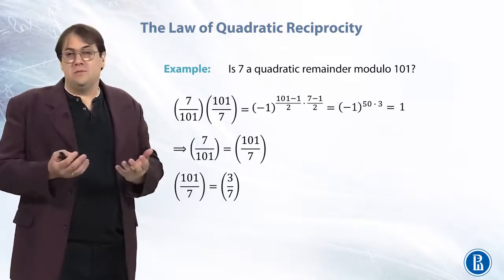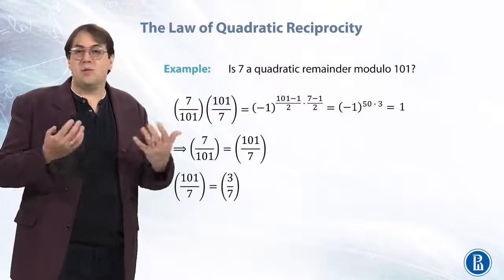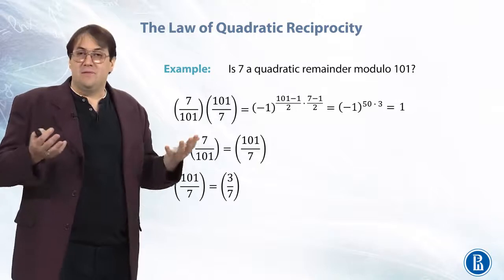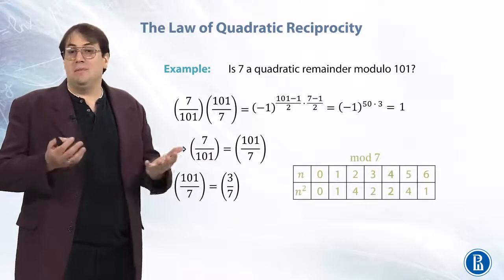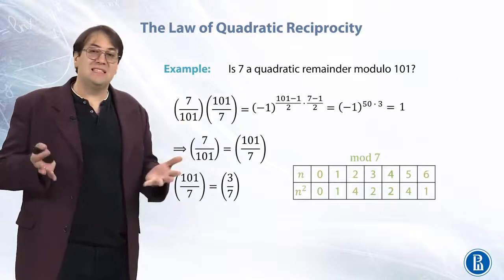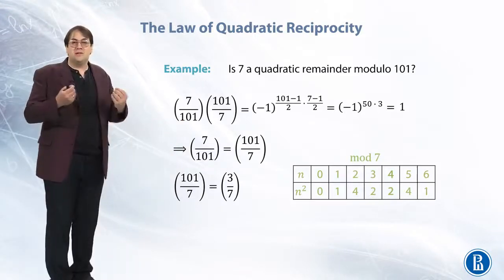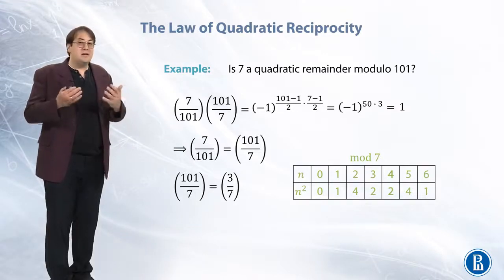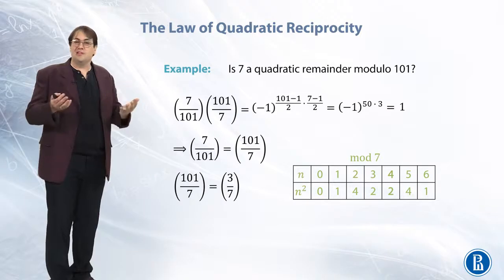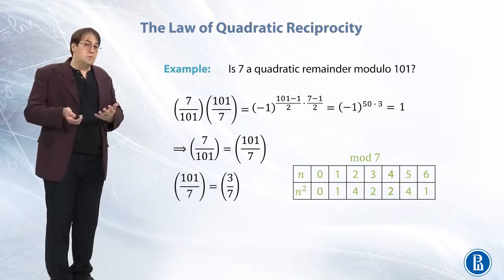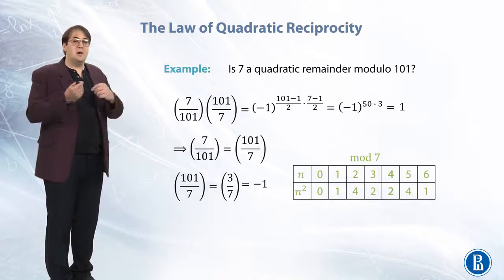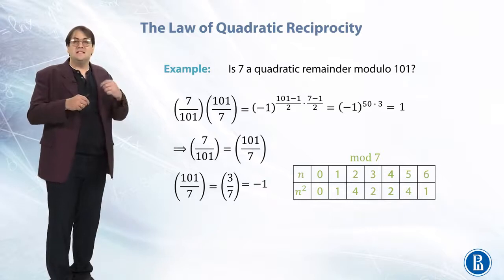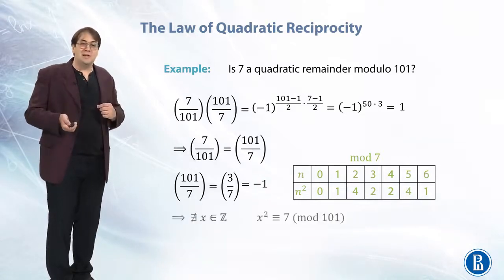And now all we need to check is whether 3 is or is not quadratic modulo 7. For this purpose, we can build a table of all remainders modulo 7 and just make sure that 3 is not present in the lower row. So 3 is not a quadratic remainder modulo 7. So this symbol is equal to minus 1, and so is the symbol of 7 modulo 101.